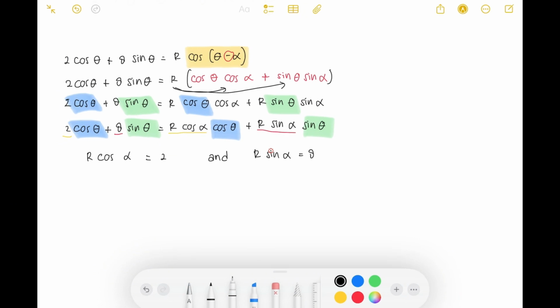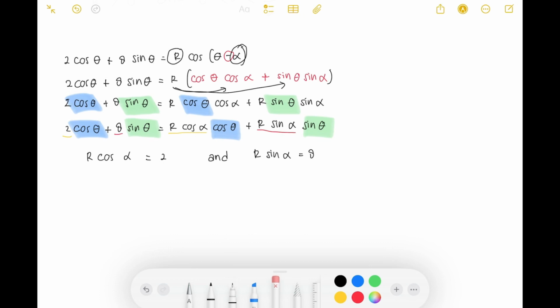So after we have this equation right here, we need to remember what should we do. We are going to find the value of alpha, and also we need to find the value of r. What is alpha and what is r? The r right here is actually the coefficient. We need to find the new coefficient right here. It's no longer 2 and 8.